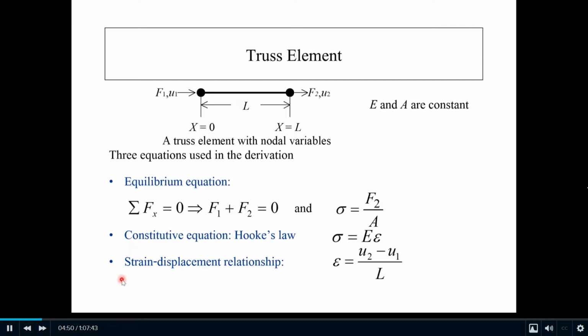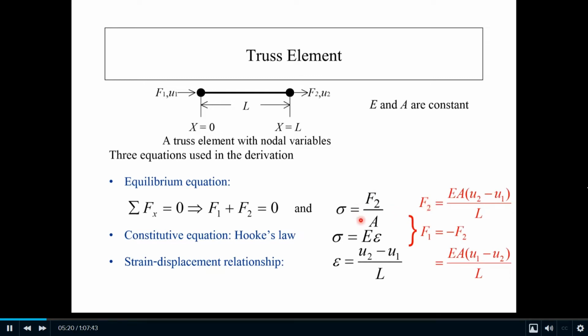Axial strain is the change in length per unit original length. So the change in length here is U2 minus U1 of this element, divided by the original length L. This is the strain.